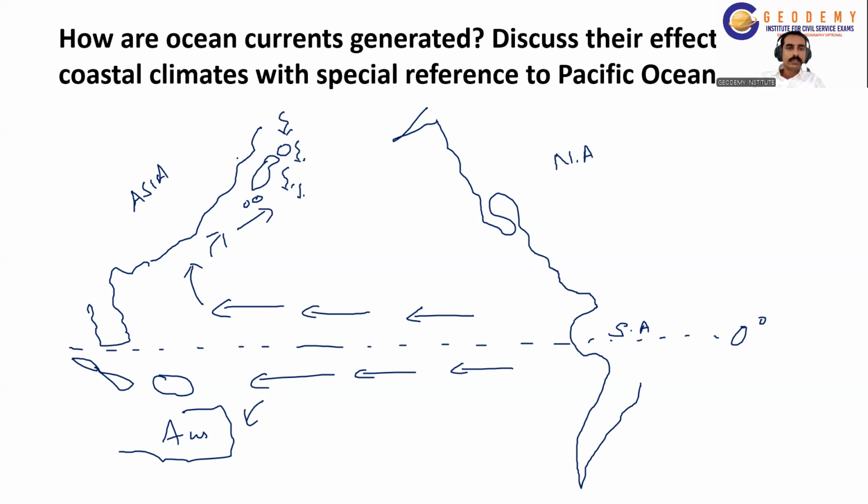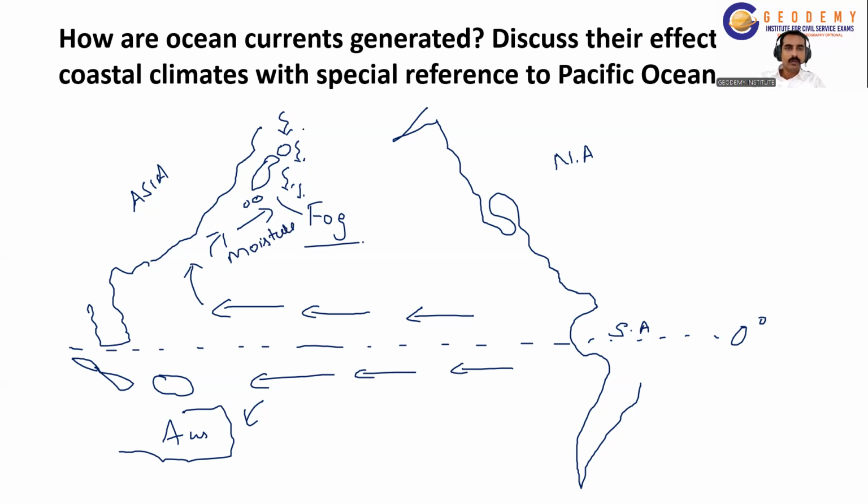So this can be given as an example for coastal climates nearer to the temperate region, particularly near Japan, where fog is formed due to this, because the warm current and the air above the warm current will have moisture content, and the cold current and the air mass above the cold current will be dry.